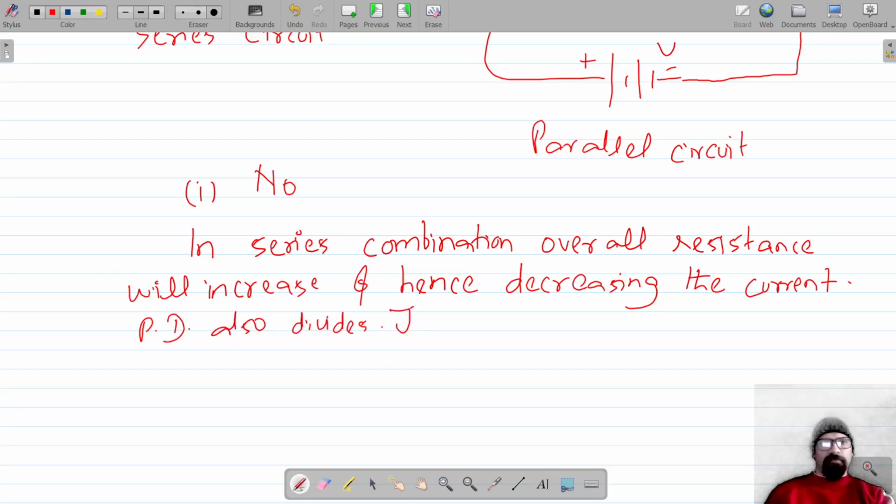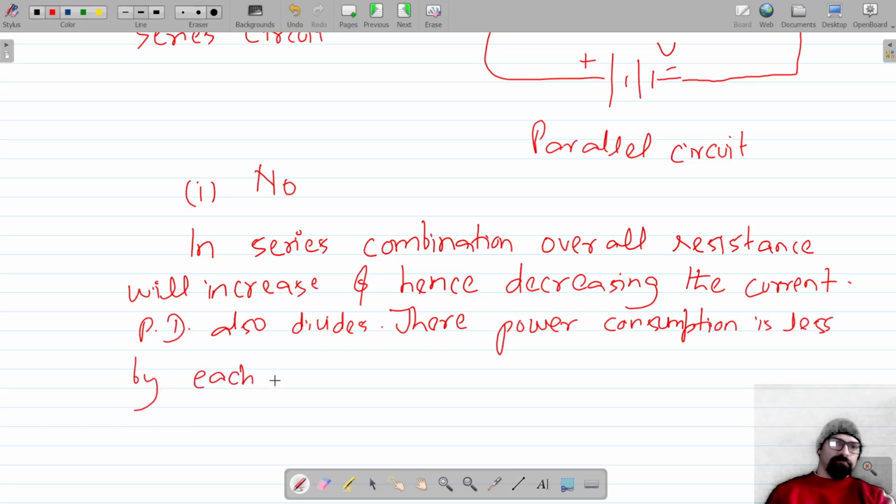Therefore power consumption is less by each one, and hence they will glow with less brightness.